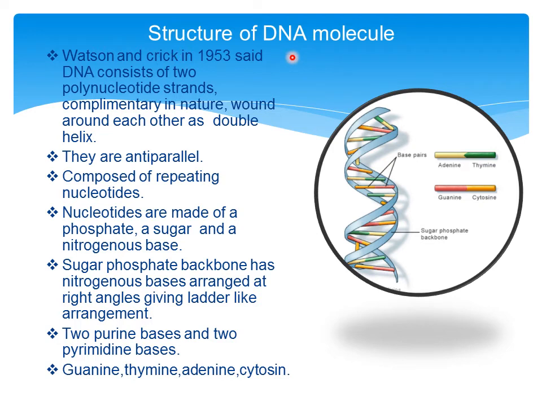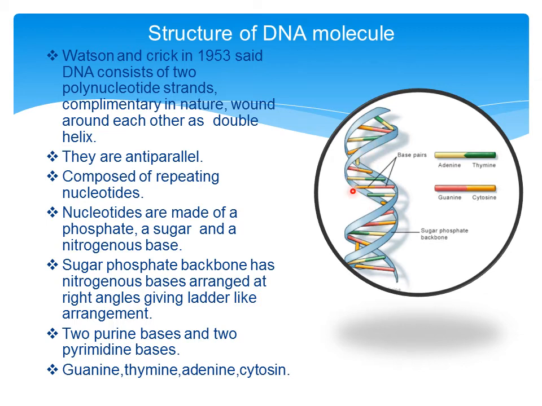First, Rosalind Franklin, in 1953, studied the shape of DNA, but she didn't work out the structure of the DNA molecule. This was found out by Watson and Crick in 1953. They told that it is a macromolecule, that is, a very large molecule having 2 polynucleotide strands.